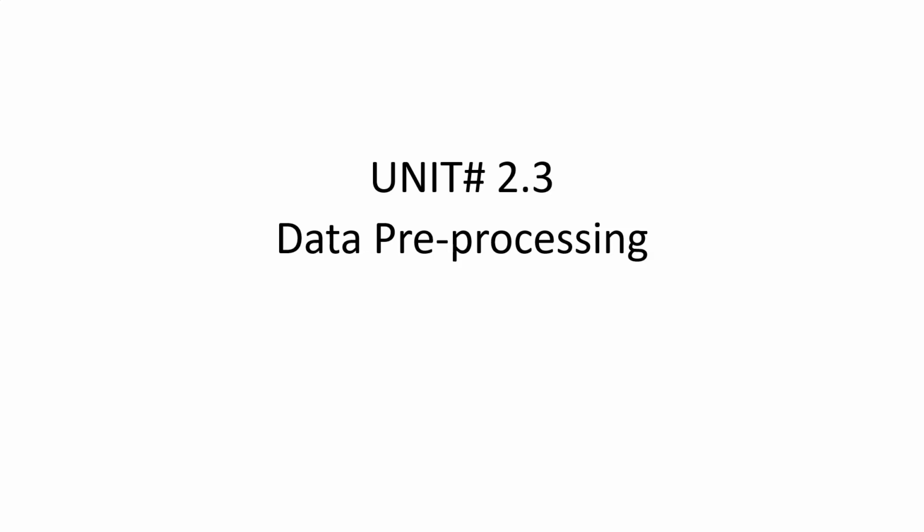If you ignore this step, if you directly jump into the next phase of the data science pipeline, then you miss an important step and an important opportunity, because data pre-processing provides you an opportunity to fine-tune your data so that all the ambiguities are removed, and then your data is ready for further processing.